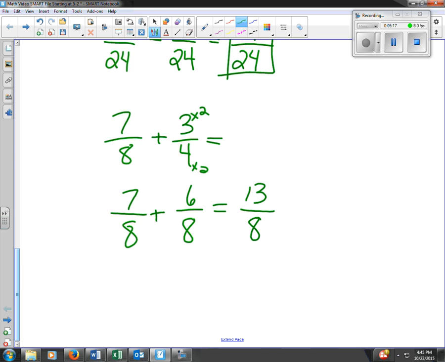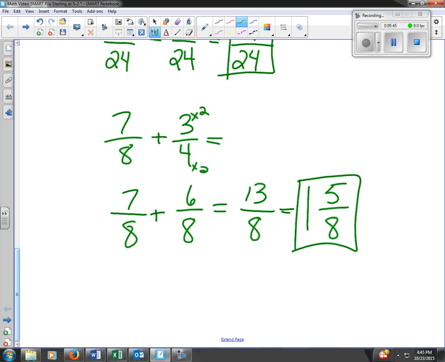You do not leave an improper fraction in my classroom, so you need to make this into a mixed number. I'm going to make it a 1, and the denominator stays the same, and you'll get 1 and 5/8. And you circle it. Always make sure you simplify, get rid of the improper fractions, and then solve.